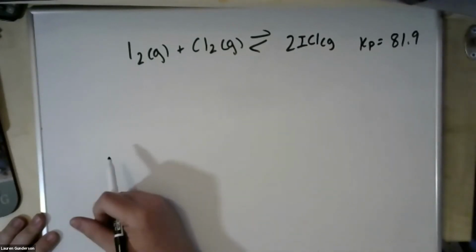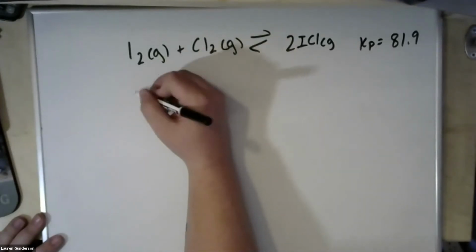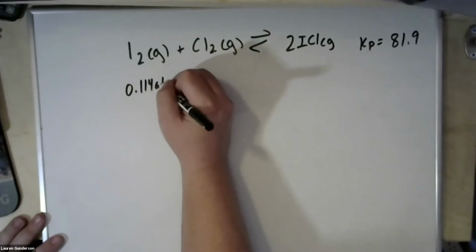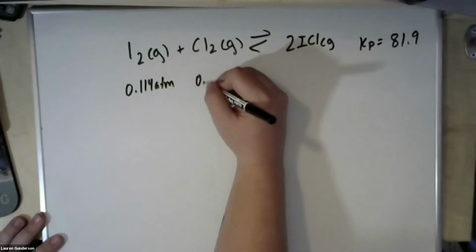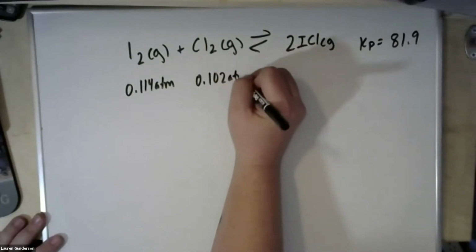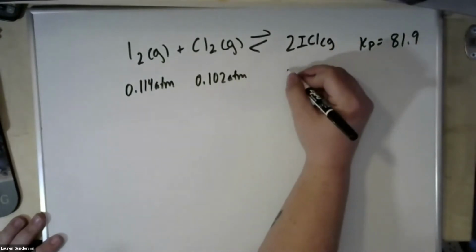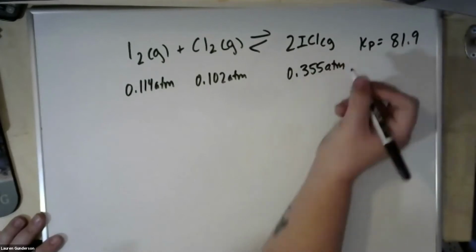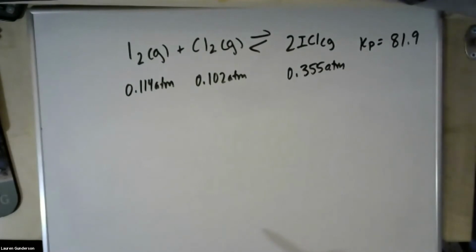And they're giving us information that says a reaction mixture contains a pressure of I2 of 0.114 atm, a pressure of Cl2 of 0.102 atm, and a pressure of ICl of 0.355 atm. Is the reaction mixture at equilibrium? If not, what direction will the reaction proceed?